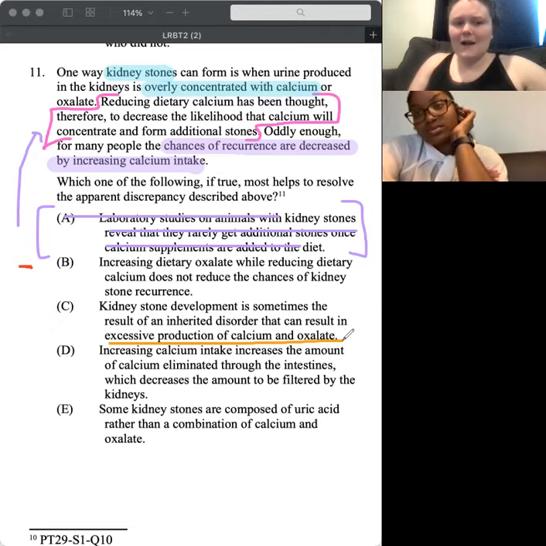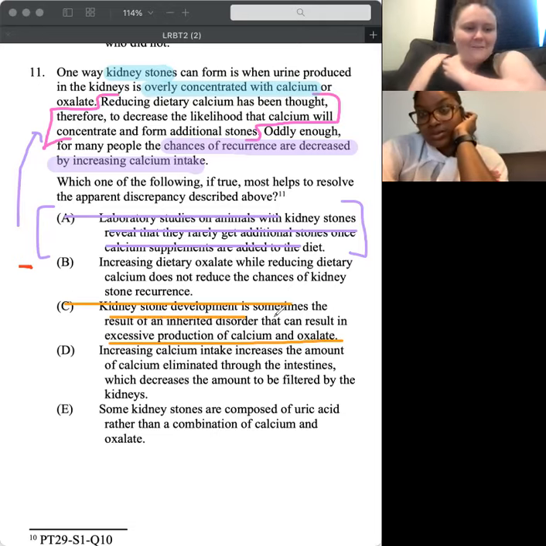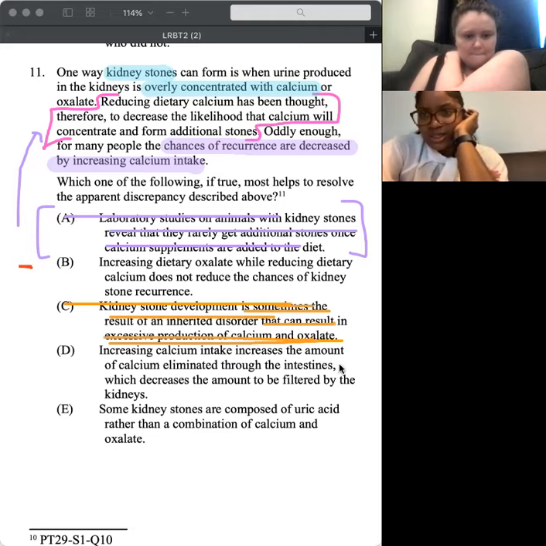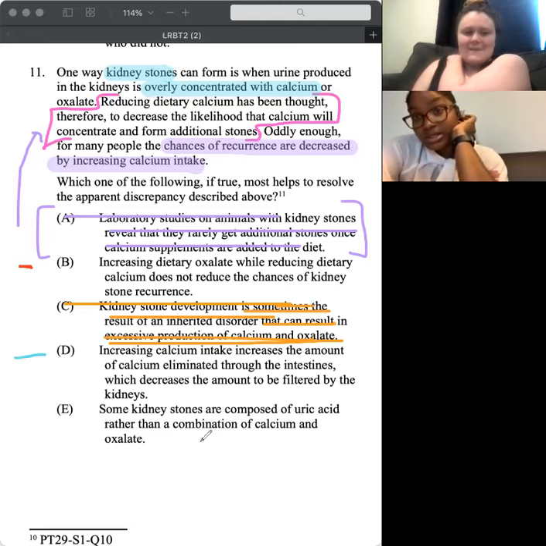That's almost the opposite of what we're looking for. So we can cross C off. All right, what about D? I really like that one. That's literally your prediction, so that's nice. All right, what about E?